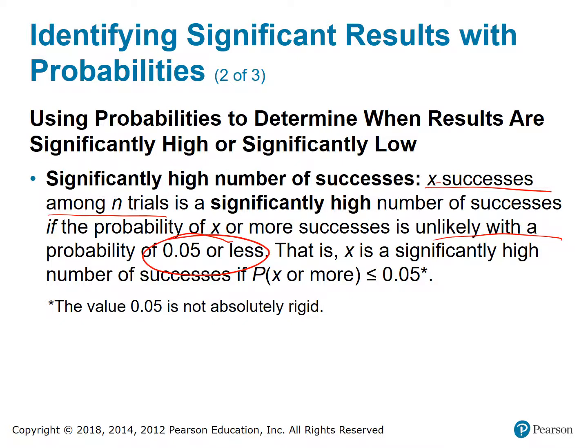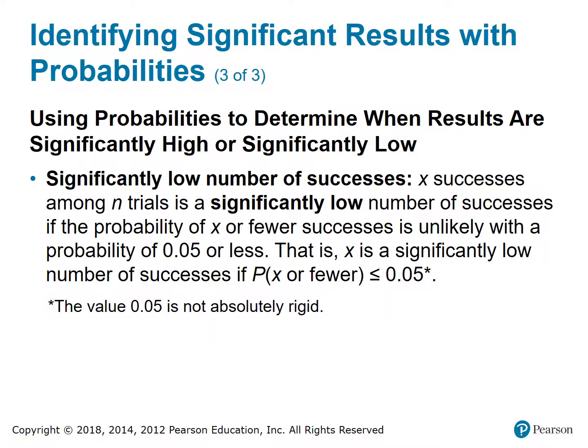I know that's a bit of a mouthful, but what we're saying here is that we're using this number to define whether or not something is likely to happen or unlikely to happen.